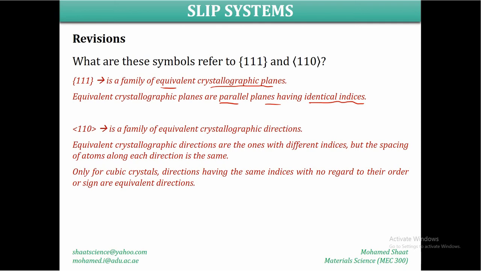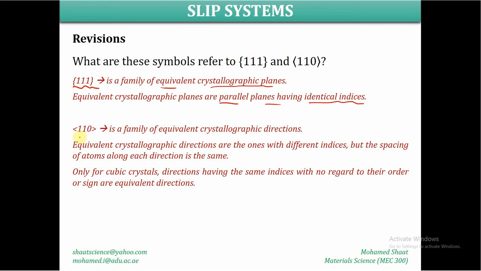In a cubic crystal, if you have multiple planes and these planes are parallel, they are counted as equivalent crystallographic planes, and we can combine all of these planes into one family. This family can be represented using the three indices of any one of these parallel planes. So this is a family of planes.